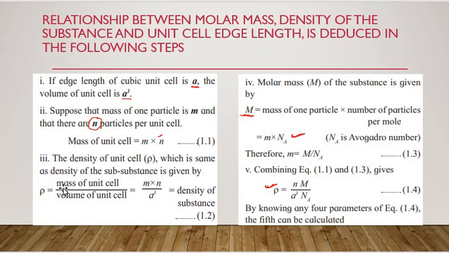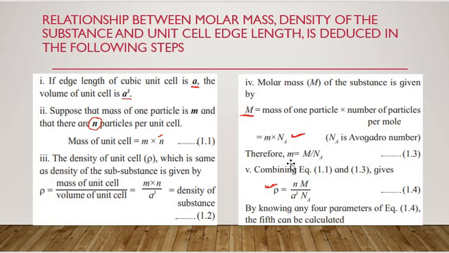Density, we all know, is equal to the mass of the unit cell upon the volume of the unit cell. So the mass of the unit cell is m multiplied by n, which we have written here, upon A cube, the volume of the unit cell. And we know molar mass is equal to the mass of one particle multiplied by the number of particles, or we can say m multiplied by the Avogadro constant.